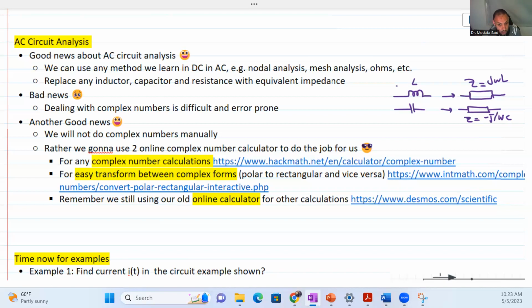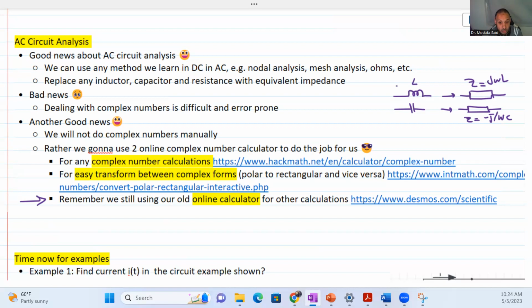So I'm going to provide you with some online websites that do complex number calculations for you. Just like what we did with DC, I gave you an online calculator, which is Desmos. We're still going to use it, and I mentioned it here as well, because we're going to use it today. I also gave you another website that solves linear equations together, which we usually need with nodal analysis and mesh analysis.